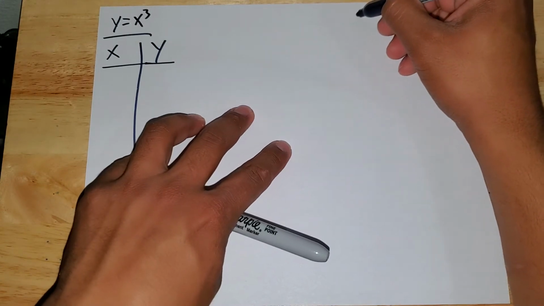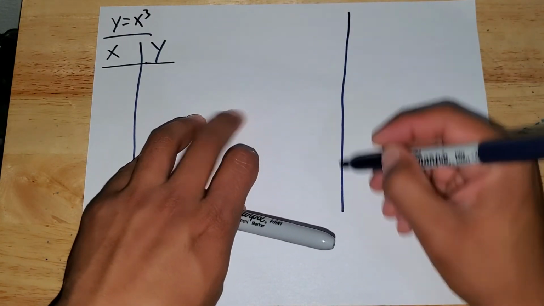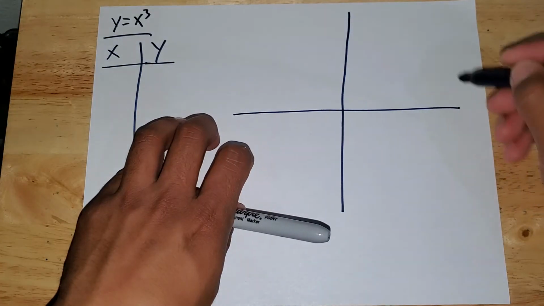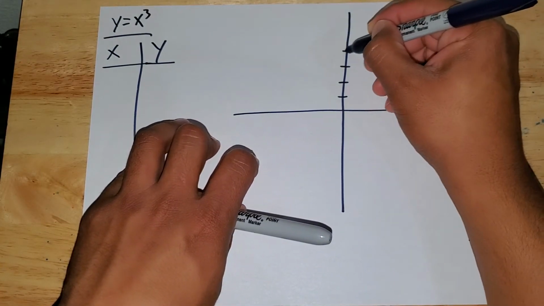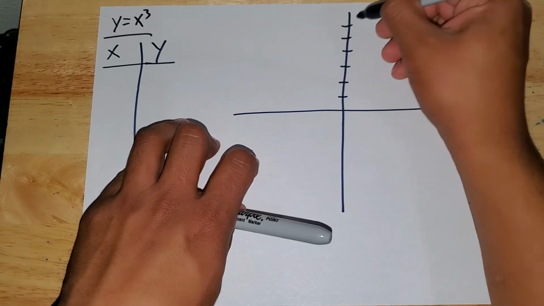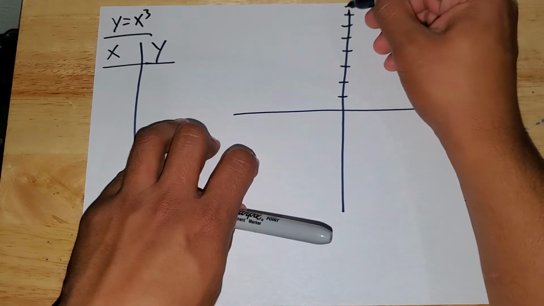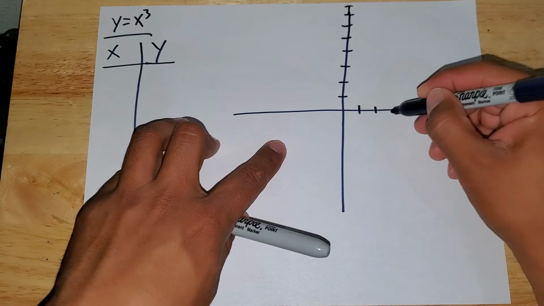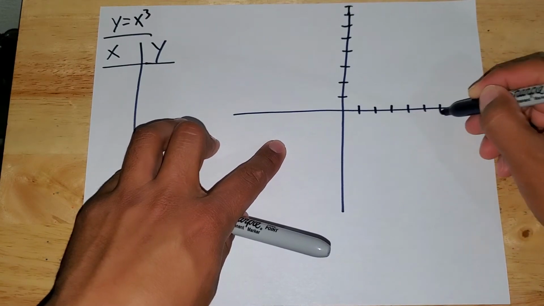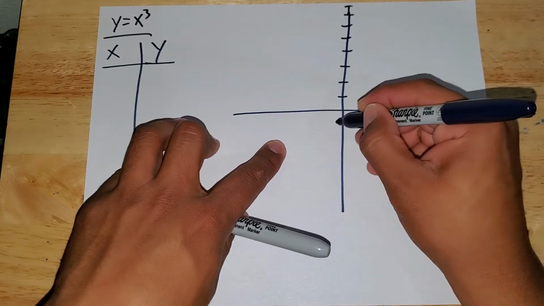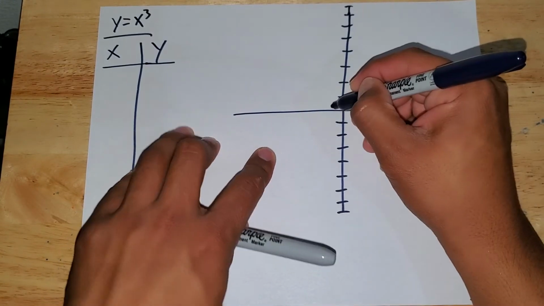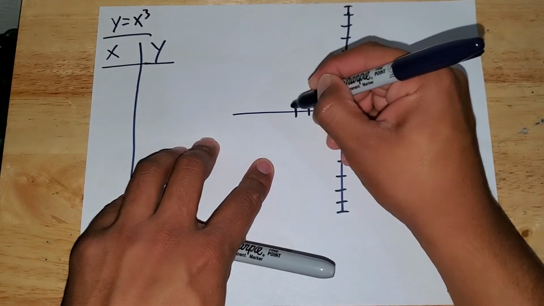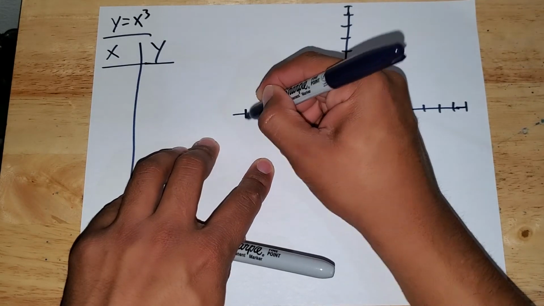Again, we'll do another big graph just so these are noticeable. I'm going to do 1, 2, 3, 4, 5, 6, 7, 8. Now I'll go as high as 8, in each direction.